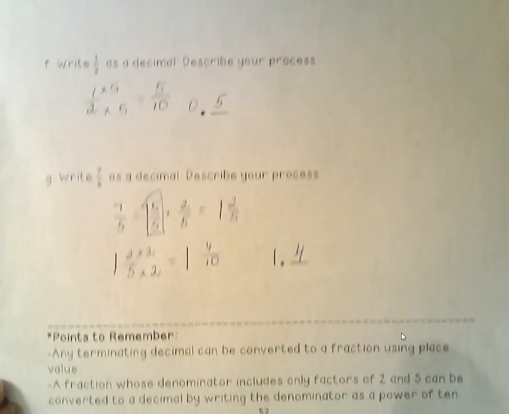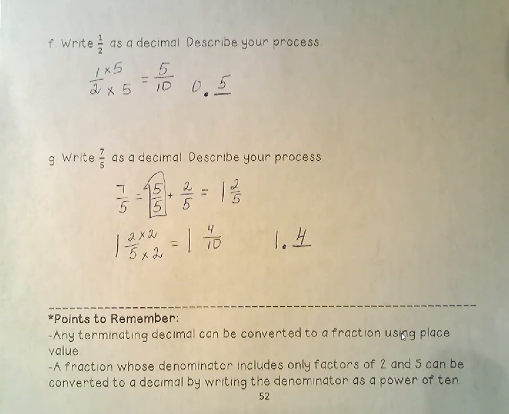Make sure you know how to make equivalent fractions. And we learned that in our module 1 too. Okay? Points to remember. Any terminating decimal can be converted to a fraction using place value. Okay, we just learned it. We know we can convert any terminating decimal into a fraction.